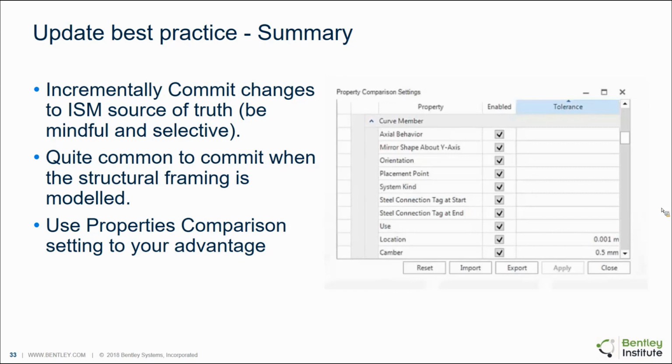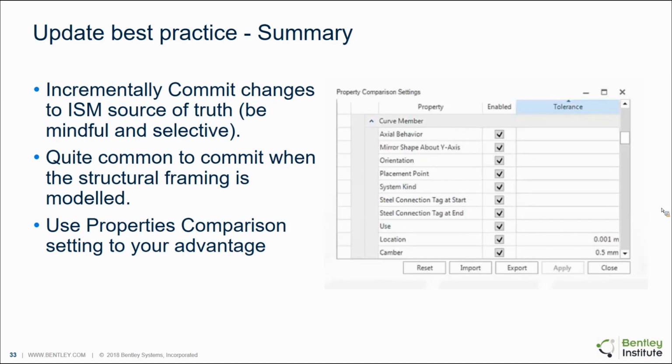Okay, and it's also quite common to commit when the structural framing is modeled. For example, in Revit, when you have the skeleton or the bones of your structure in there, feel free to create an ISM repository from that, and then from there, create a RAM Structural System file and see if it passes the integrity data check.